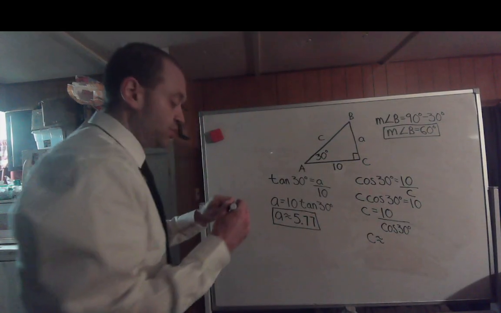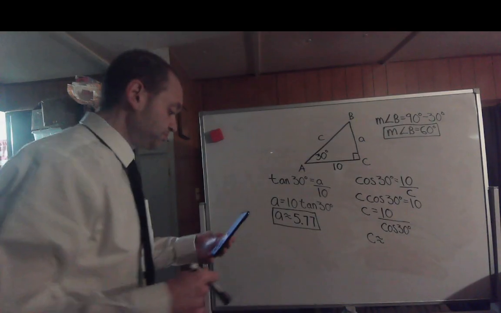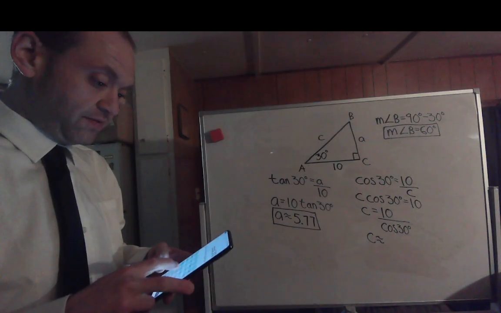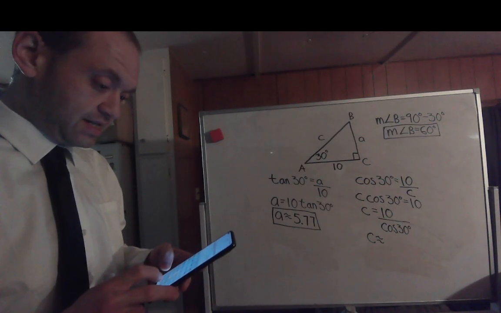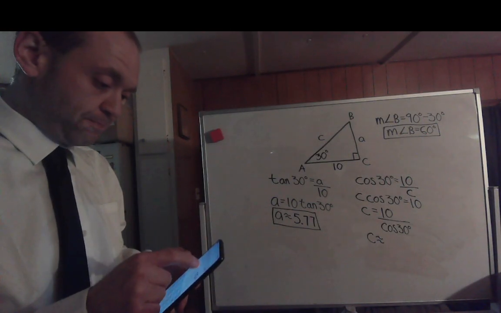Now if you just put that into your calculator, you should end up getting a two decimal place approximation. So see, the cosine of 30, you get that, and then take 10 and divide by that answer.